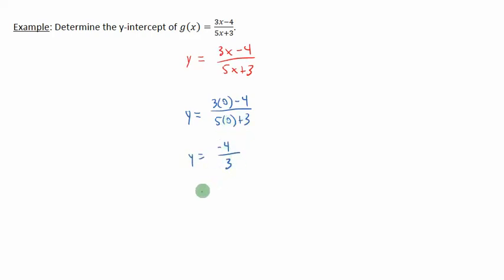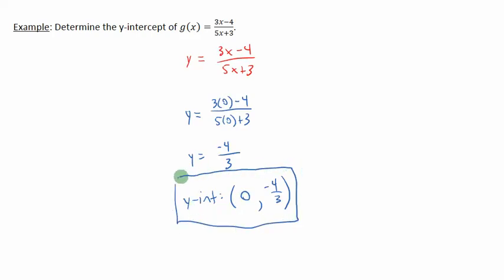And we get that y equals negative 4/3. So the y-intercept is the ordered pair where y is negative 4/3 and x is 0. We plugged in 0 for x. So there are some general basic problems dealing with intercepts.